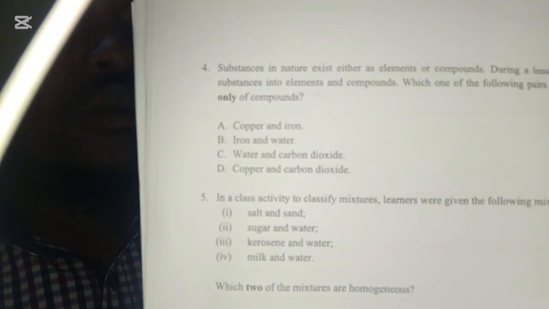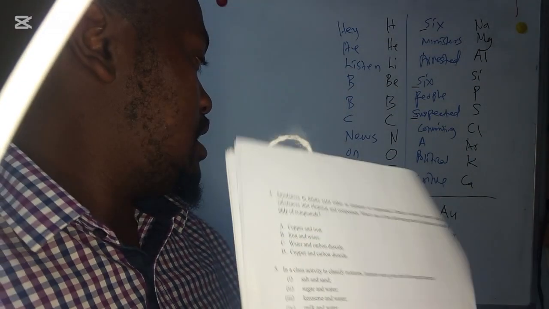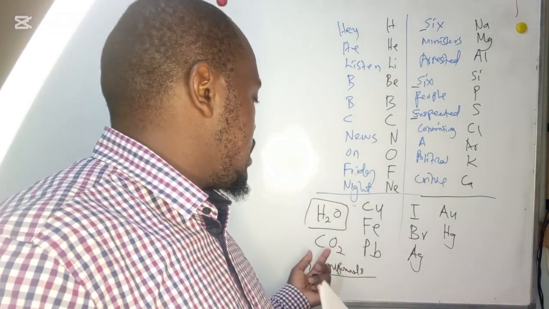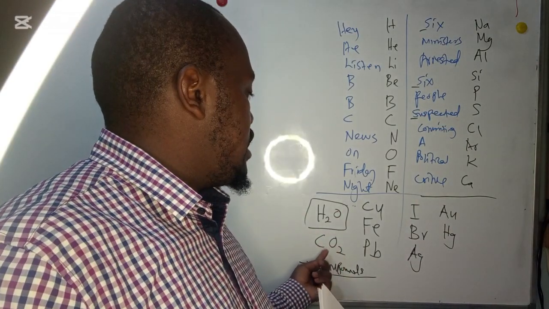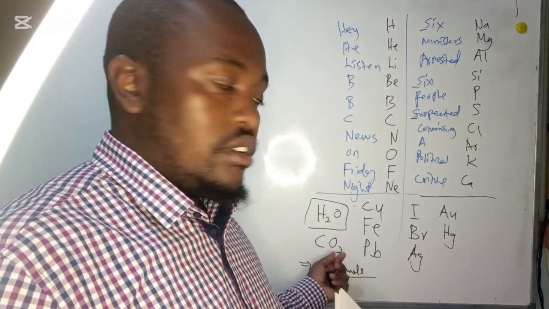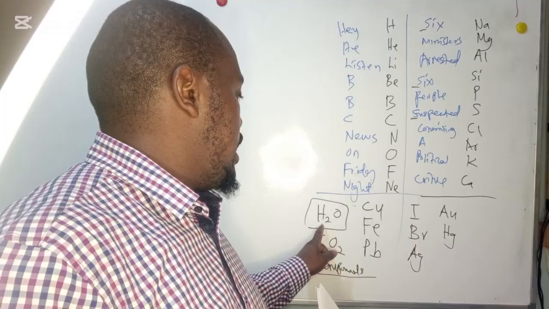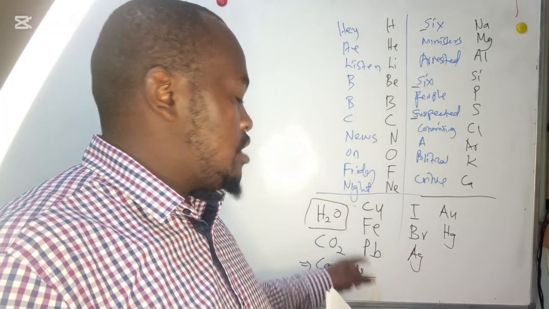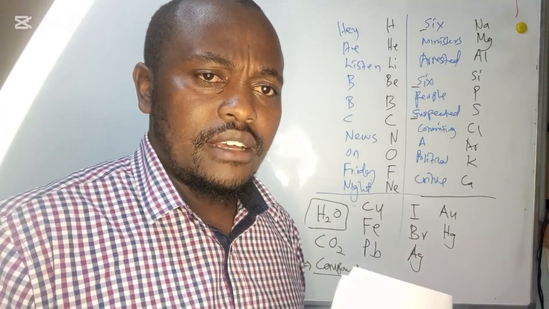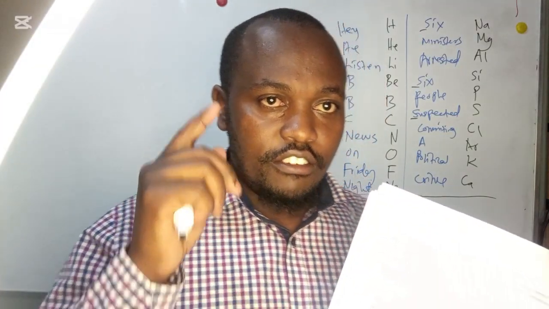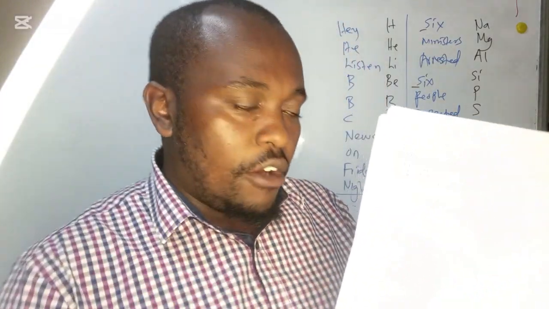So what's the difference between compounds and mixtures? In compounds, the components are chemically bonded, and they even have a fixed ratio. Water can only be H2O, it can never be H3O or HO3. Mixtures, on the other hand, are not chemically combined and they can be separated using physical means.